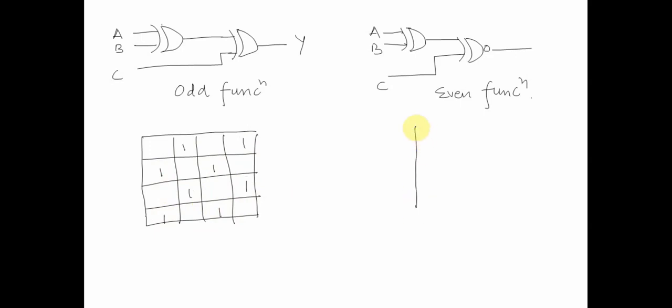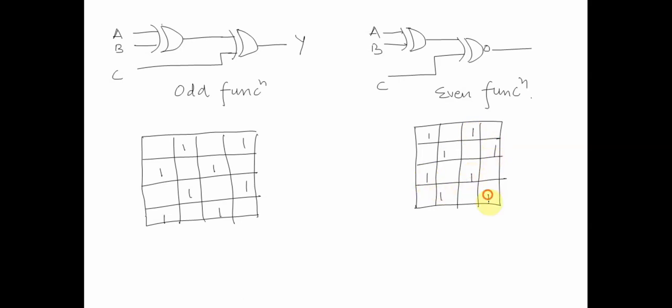Similarly, four input even function would be something like the complement of this. This would be equal to 1 1 1 1, 1 1 1 1. This is four variable A B C D. This is again four variable A B C D. Odd function and even function.